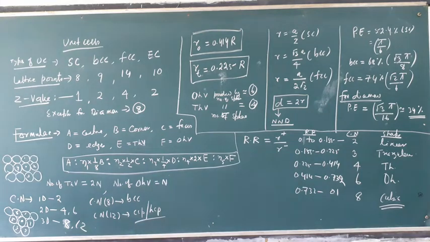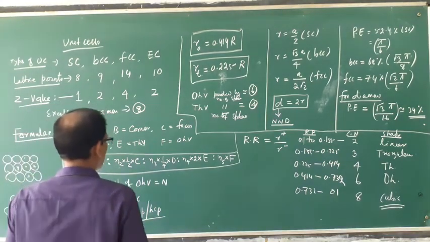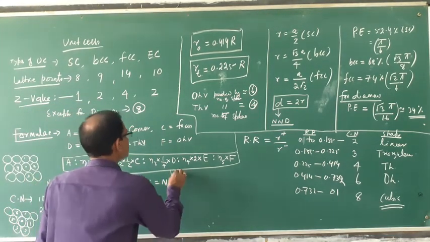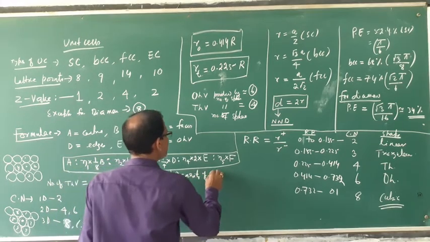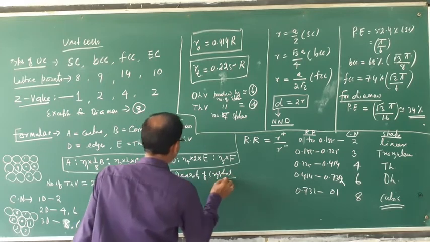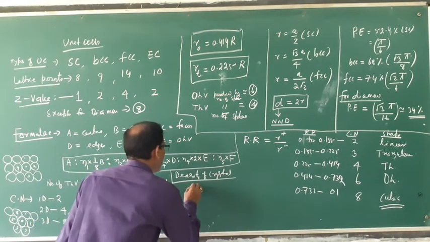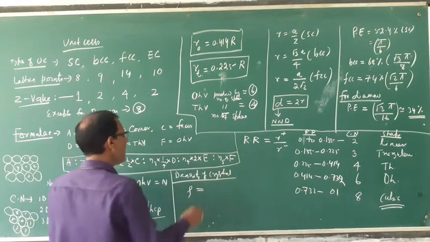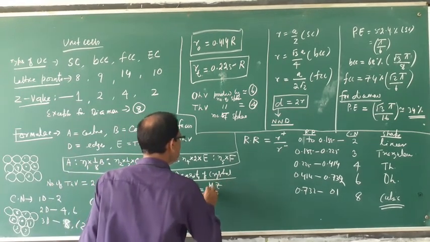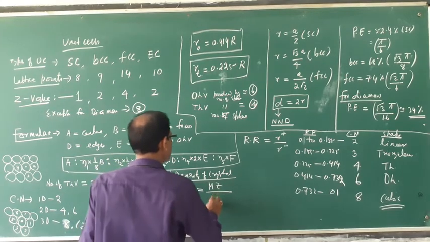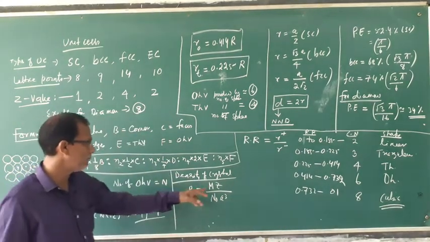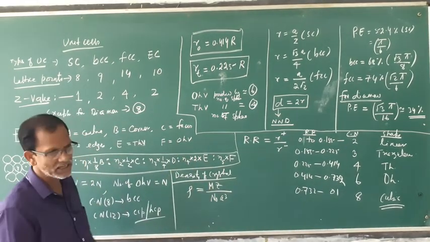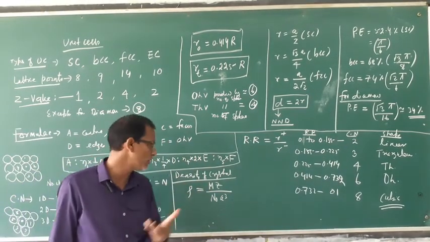Then another very important thing is left, that is density. Density of crystal. The formula is rho equal to M Z upon N0 a cubed. What is this? M means mass of the crystal, whether atomic mass or molar mass.